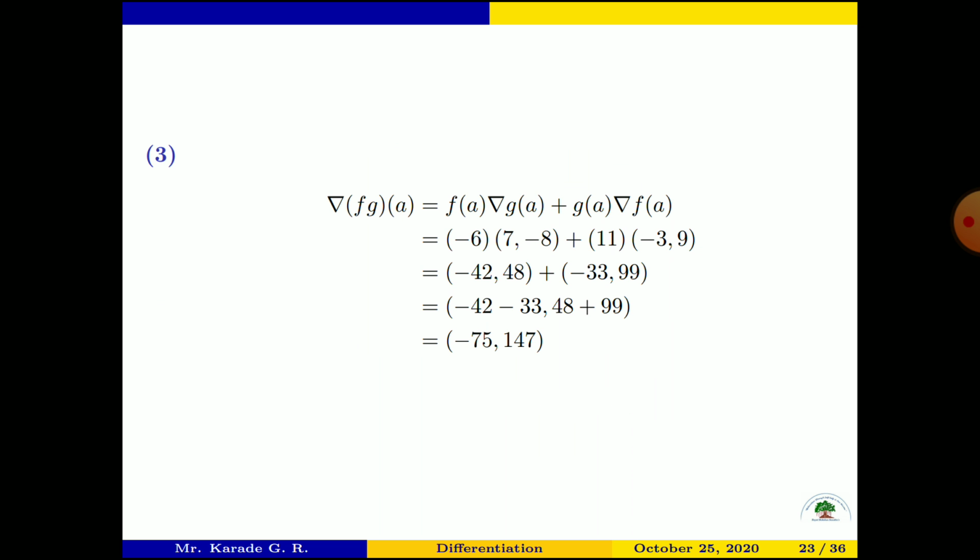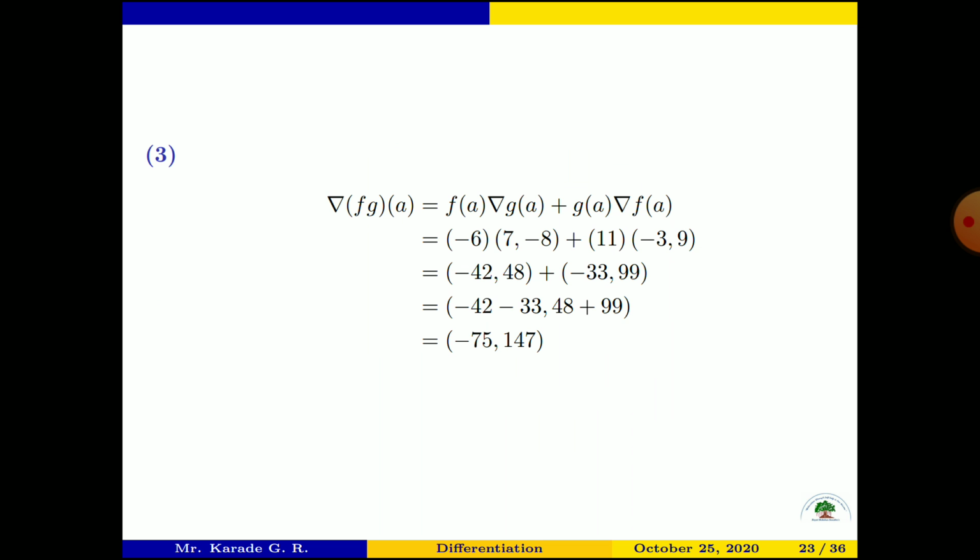The gradient of f into g at point a: now again we use the identity, or the algebra of gradients of two functions, here the gradient of a product of two functions.